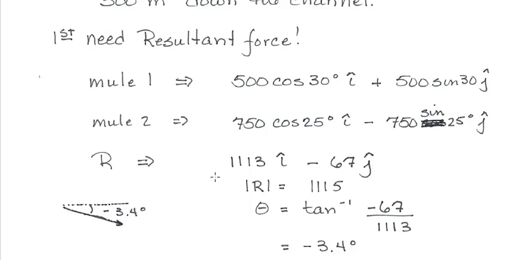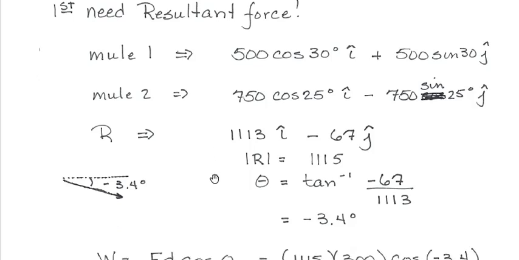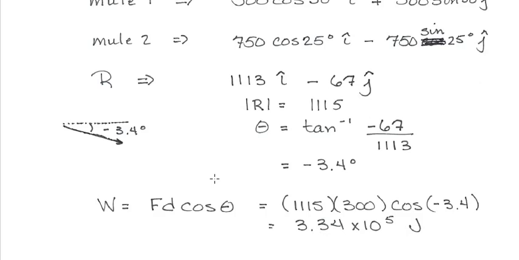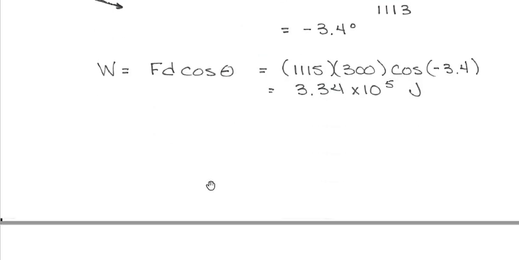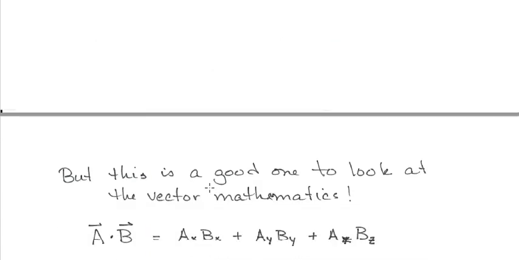So if we do that, and if we remember that work is equal to force times the distance times the cosine of the angle between them, we can readily calculate the work. But this is a great problem to look at the vector mathematics.